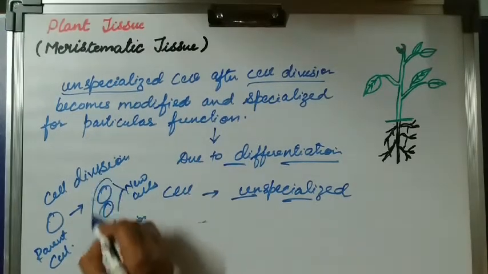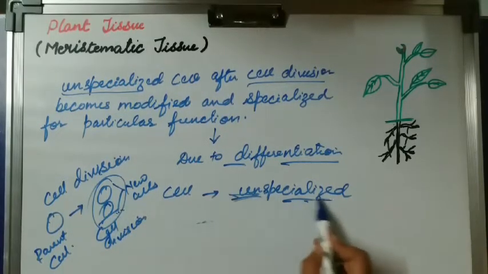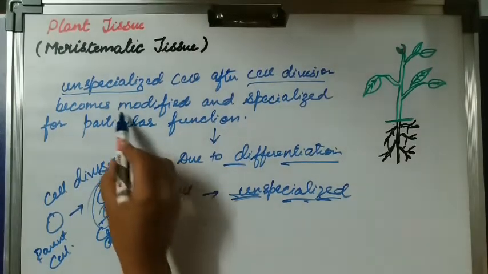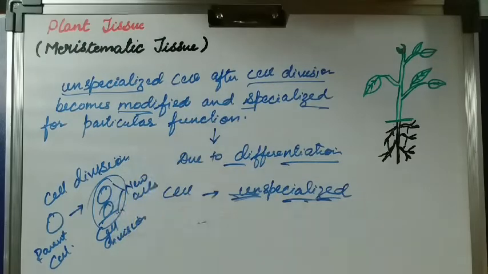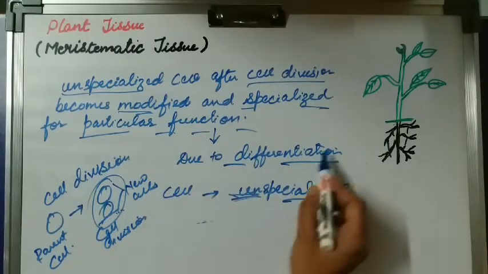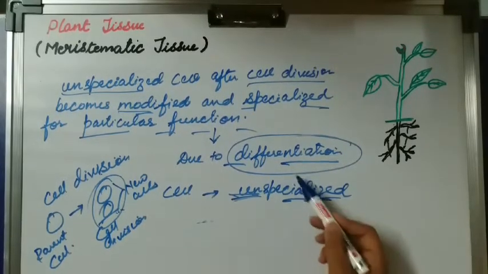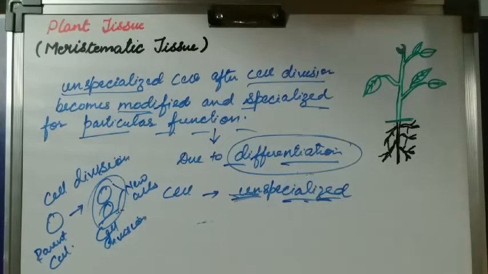Okay, so these new cells, how have they become specialized? When they have formed after the cell division, they are unspecialized in nature, and with the due course of time, they become modified and specialized to perform a particular function. How come this? So the answer is due to differentiation. Now, what does the term differentiation mean?